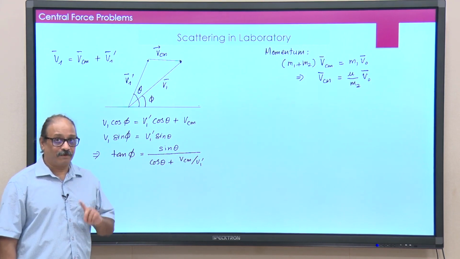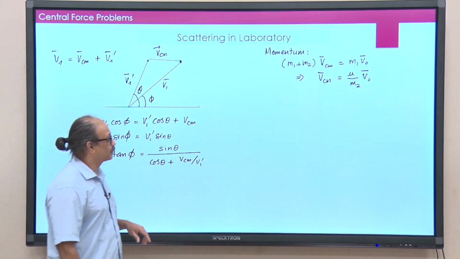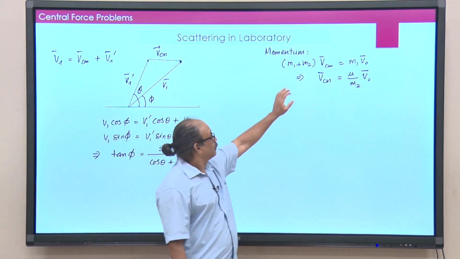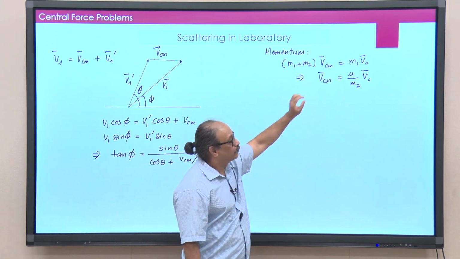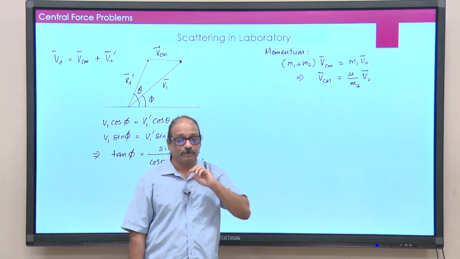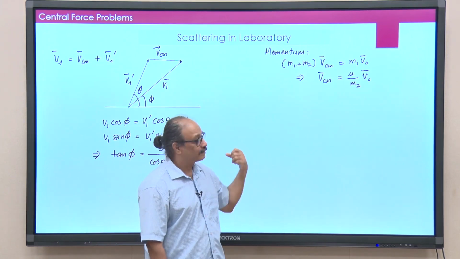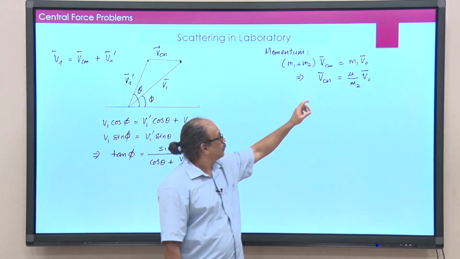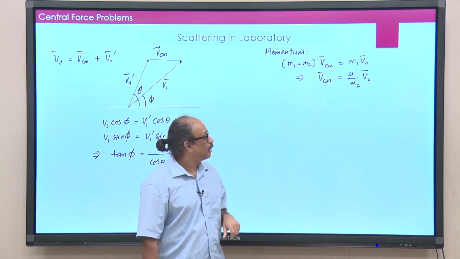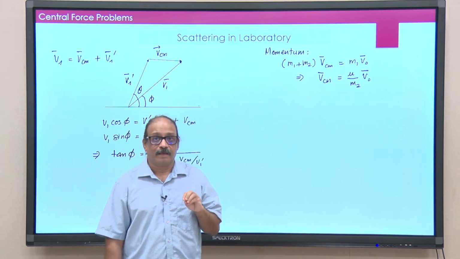Remember, momentum is always conserved. If momentum is conserved, I mean net momentum, so m 1 plus m 2 into velocity of, so total mass into center of mass velocity, that is the net momentum, that is exactly equal to m 1 times V 0.